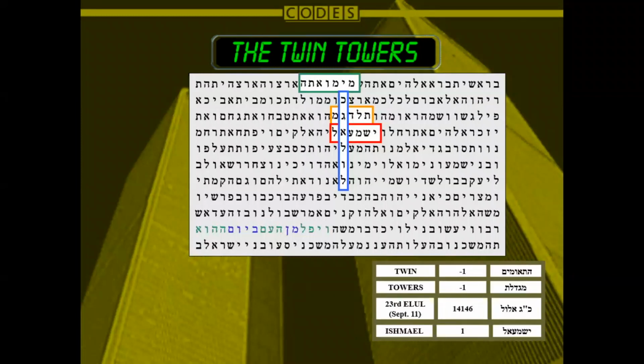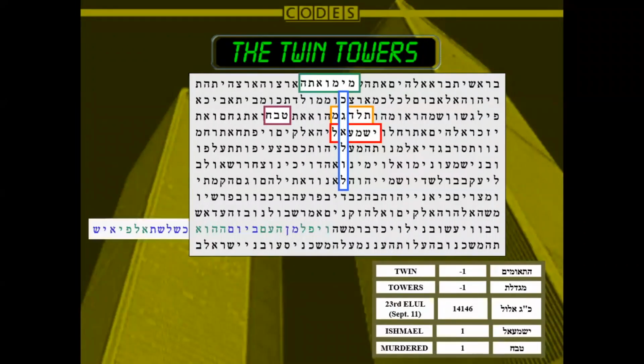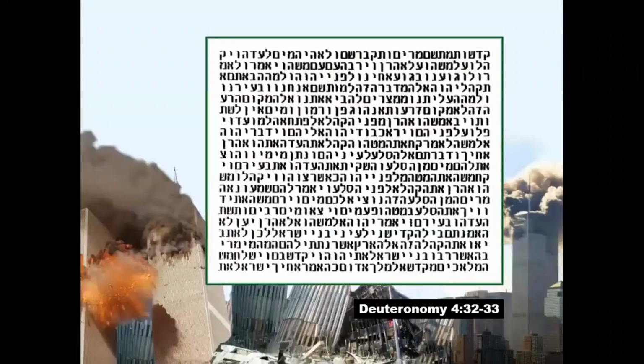Vayipol min ha'am, and died in the camp on that day about 3,000 people. Kishloshet alfei ish. Exactly the words that the newspapers used is exactly word for word what is in the Bible thousands of years ago, about 3,000.